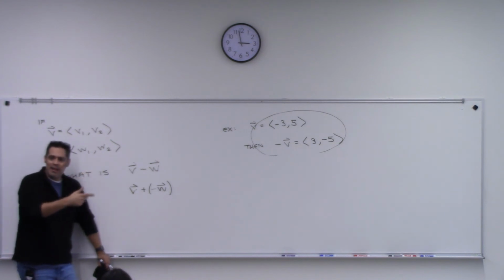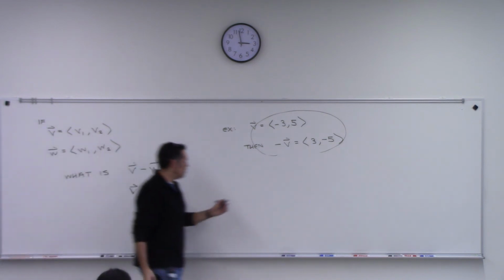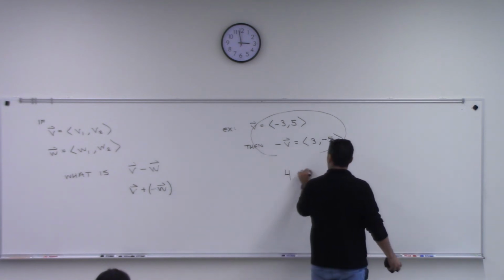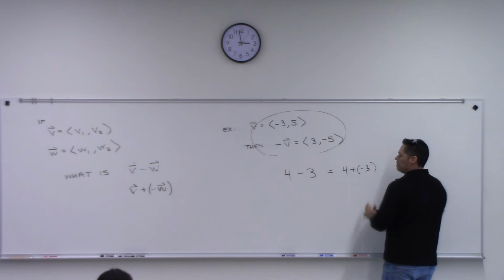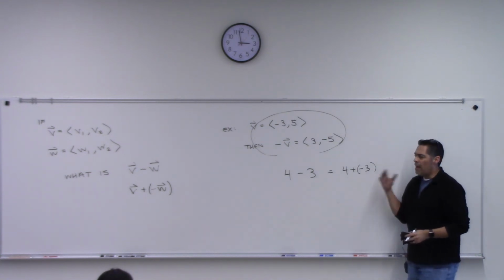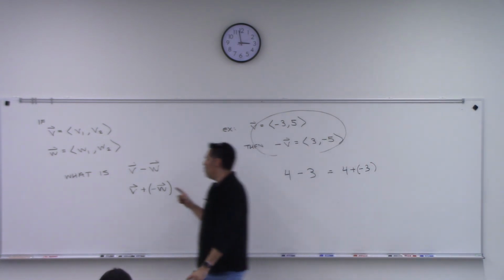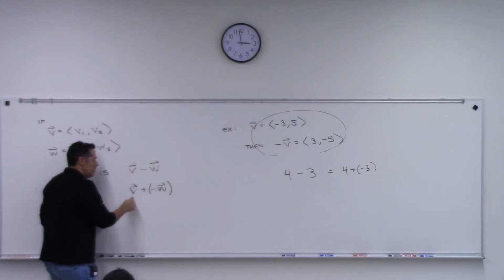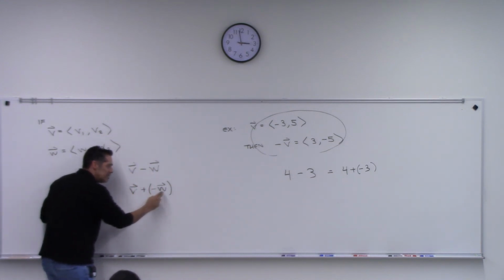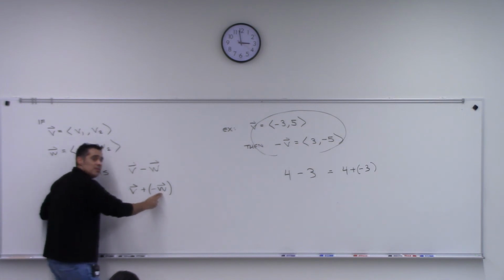Back in the good old days when we were doing like, what's 4 take away 3? Well, that's the same as 4 adding negative 3, right? That's the same operation. I want us to think about vector subtraction that way. When I take v and subtract w, I want you to think about taking v and adding the vector that points in the opposite direction of w, right?